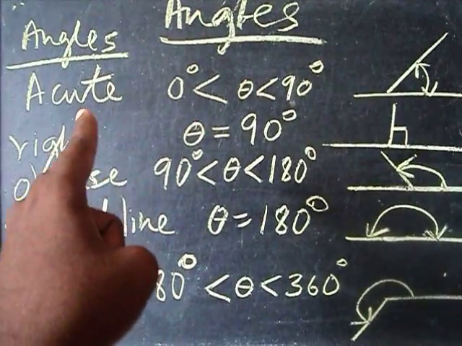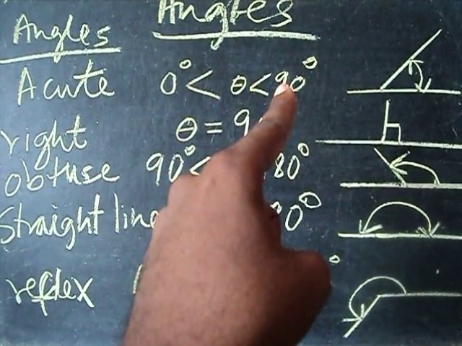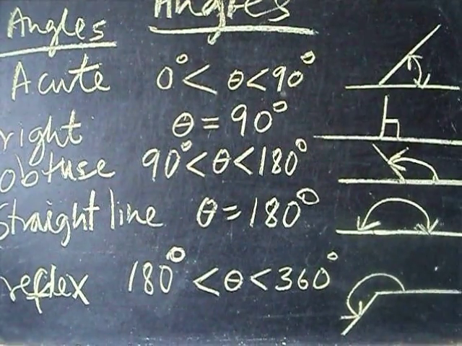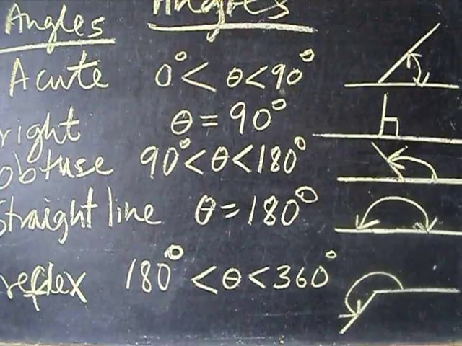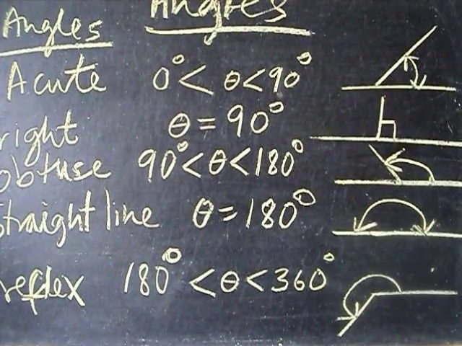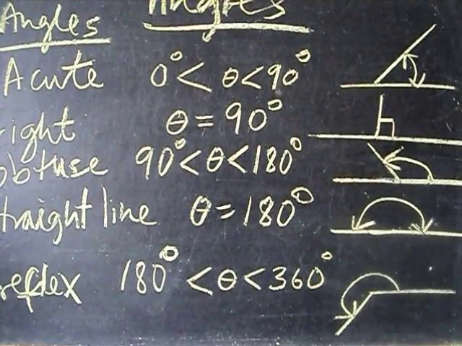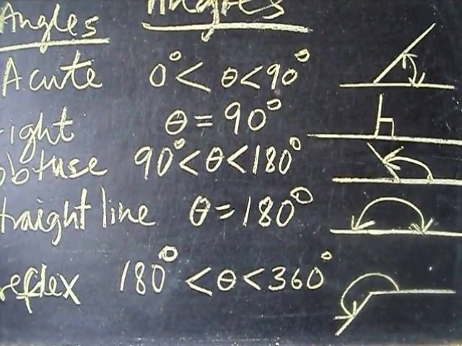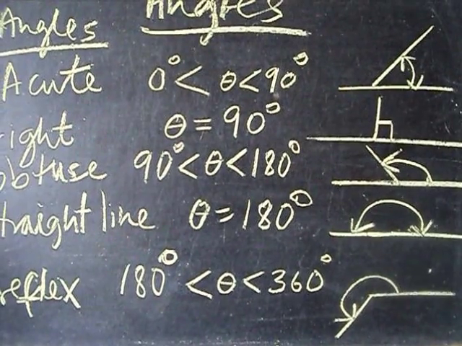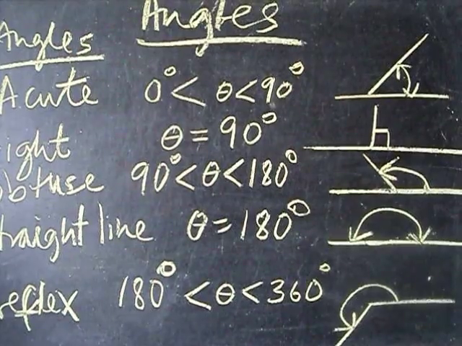The acute angle. The acute angle is between 0 and 90 degrees. For example, 2, 5 degrees, 6, 7 degrees, 20, 30, 40, 45, 50, 55, 70 is acute, 80 degrees is acute.